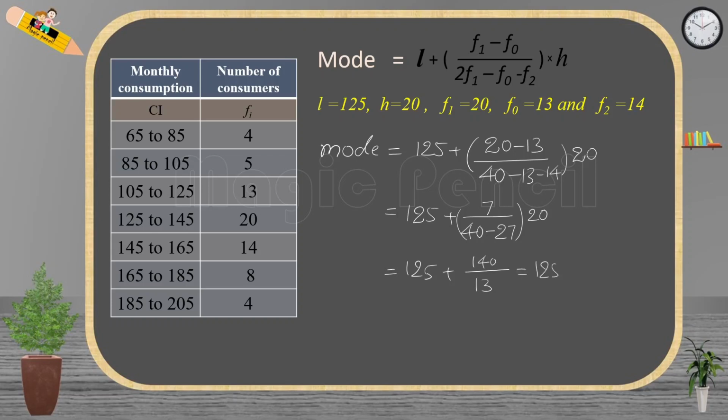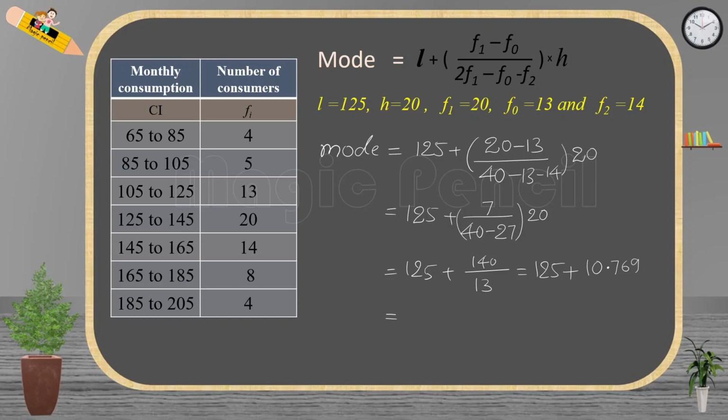Now 125 plus 140 by 13. When you divide 140 by 13, you will get 10.769, and you will keep getting other decimals also, but we are stopping at 3 decimals only.